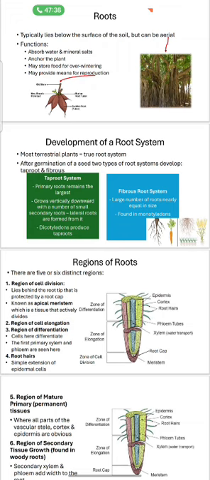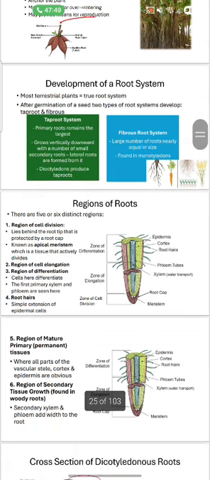Okay, so the regions of roots. There are 5 or 6 distinct regions. A region of cell division. This lies at the root tip that is protected by a root cap. This is known as the apical meristem, which is a tissue that actively divides.